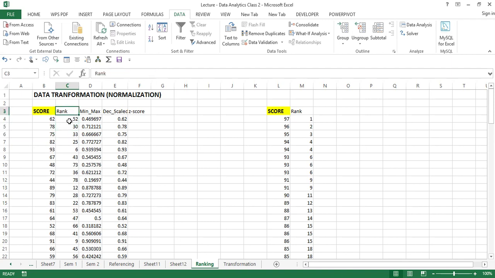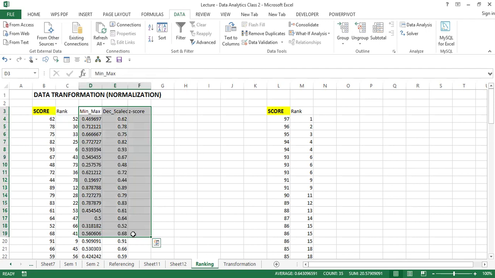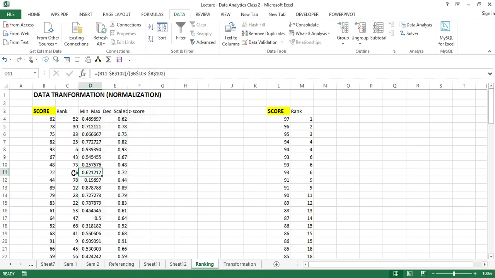Although sometimes in some texts they categorize it as transformation, ranking doesn't transform data in the same way that these other ones transform data. Why? Because ranking is just a measure of position, and the rank of a number doesn't exactly correspond to the values. It just measures the position.